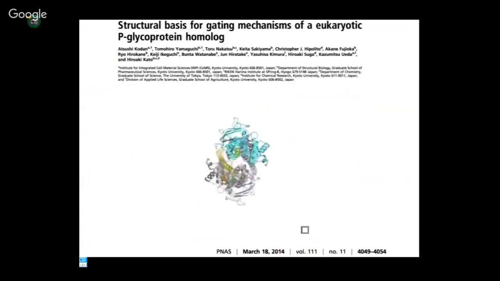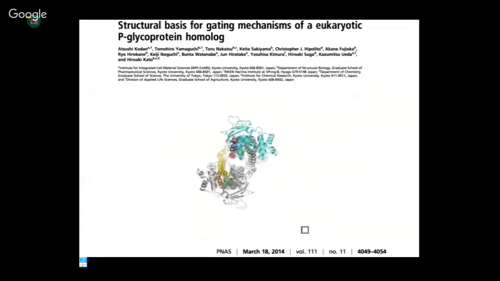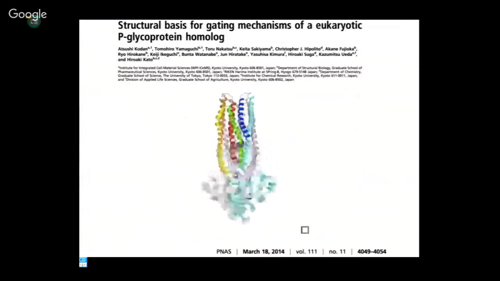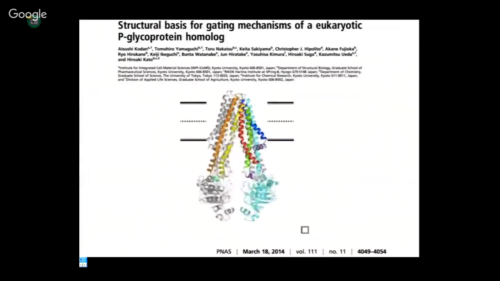So the main problem for cancer resistance is caused by expressing the MDR protein, which exports chemicals outside the cell. So cancer cannot die, avoiding the chemical attack.